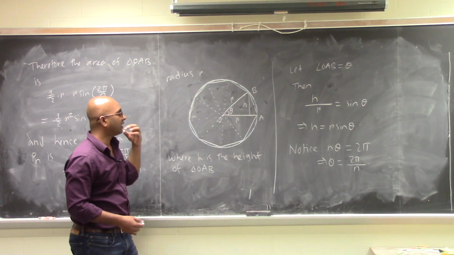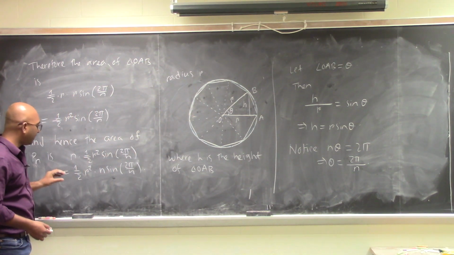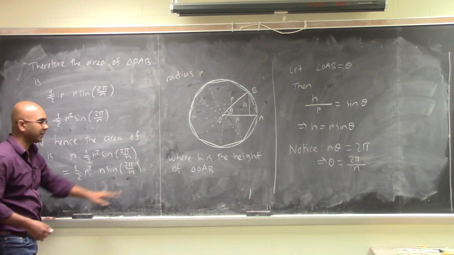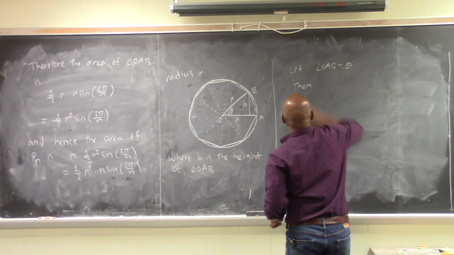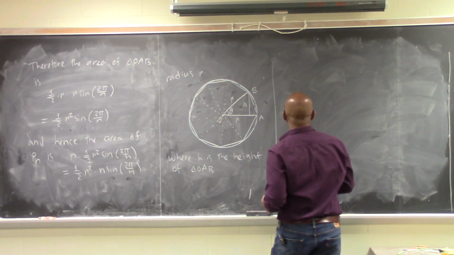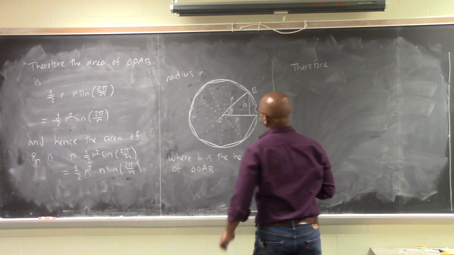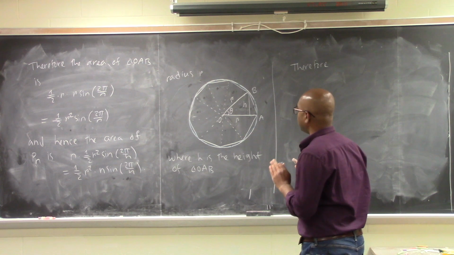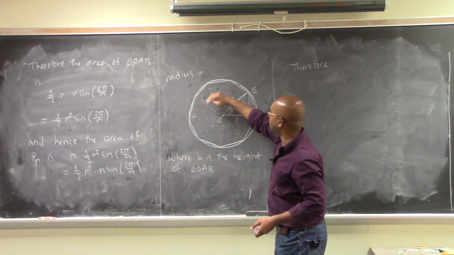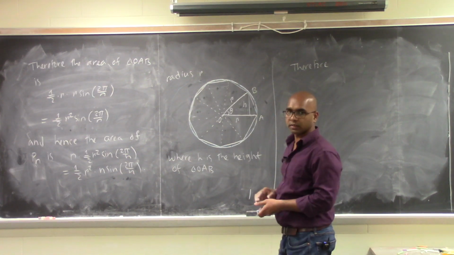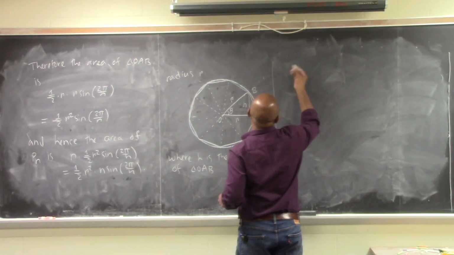So therefore the area of this circle is the limit as n tends to infinity of this guy. Actually, I need to be a little bit precise here. The area of this polygon is definitely less than the area of the circle. So let me go very rigorous on this now.